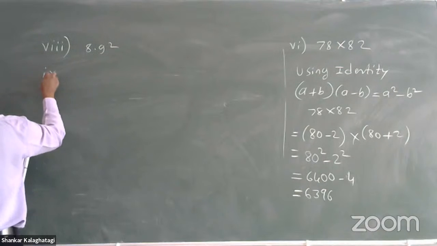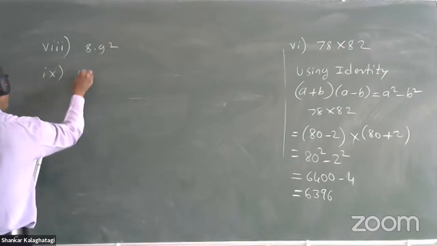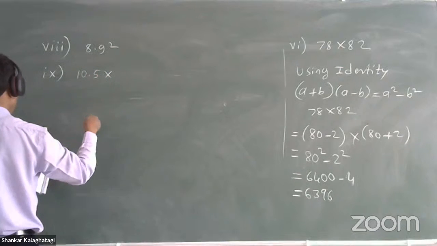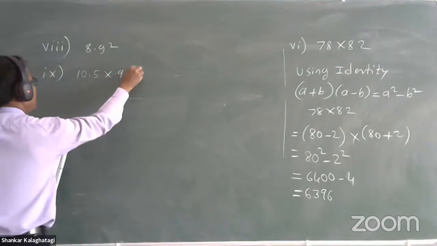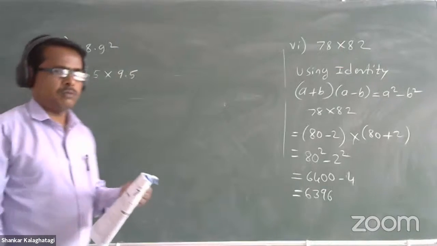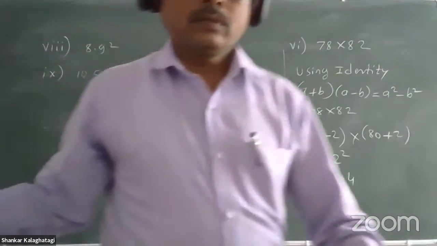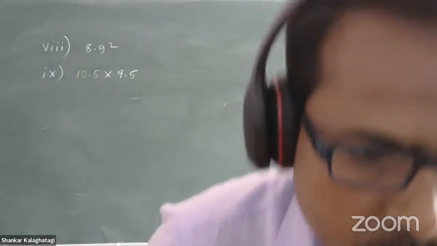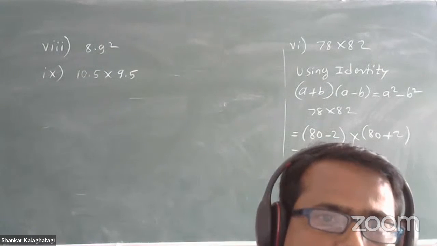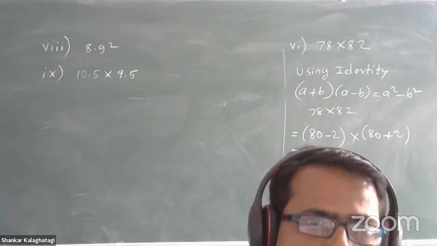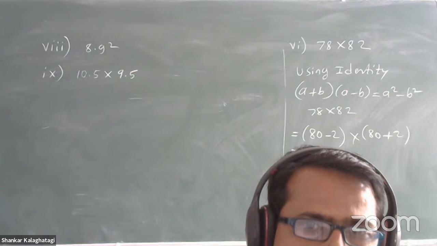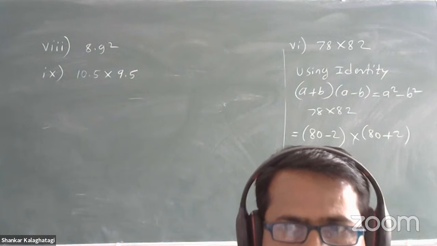Question number 9. 10.5 into 9.5. Try these to be fast right now. 79.21, sir. Okay. Wait, let everybody do.